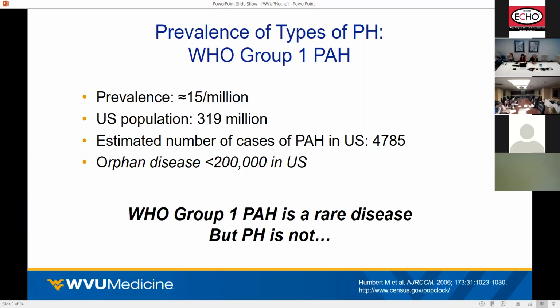For you, you should be able to knock out the rest and get to the right diagnosis on the other ones. The ones that meet group 1 are the ones that truly should be referred to a tertiary center, because this is a very rare, orphan disease, and meds need to be used, which a real expert should be managing. So although pulmonary hypertension is not rare, group 1 PH is a very rare disease.